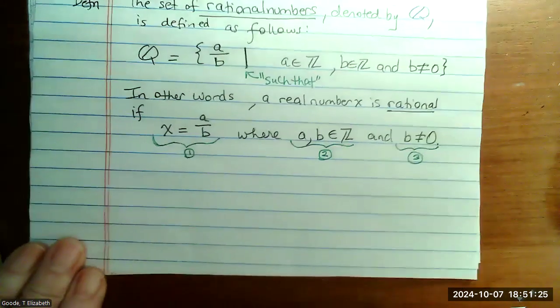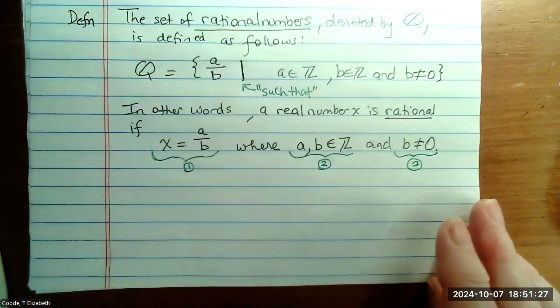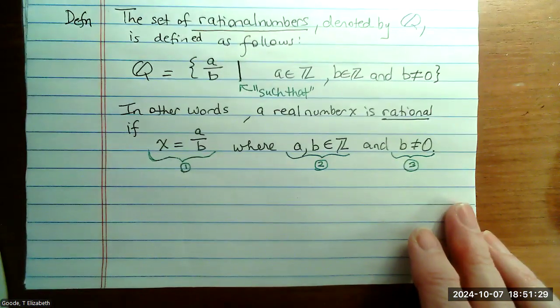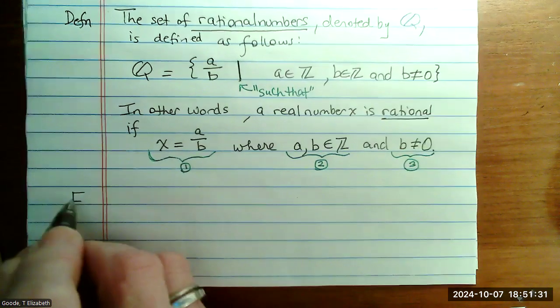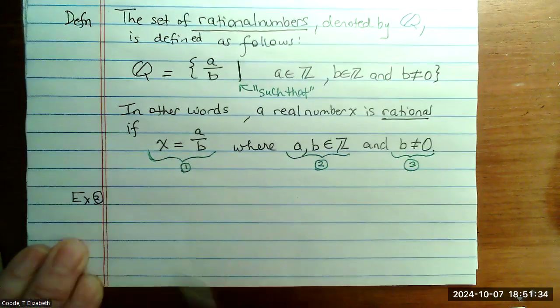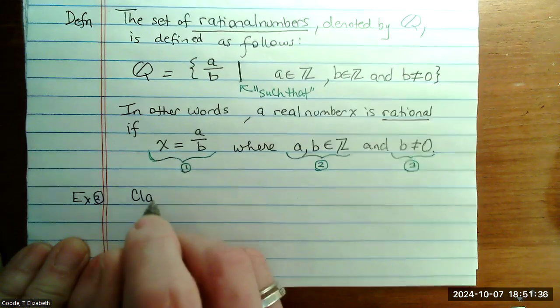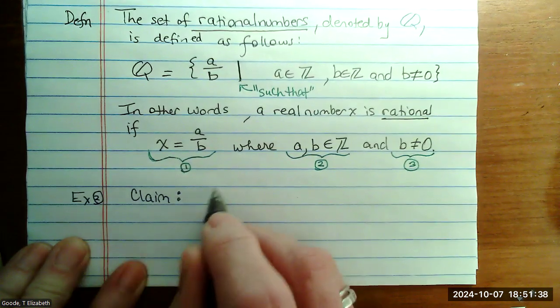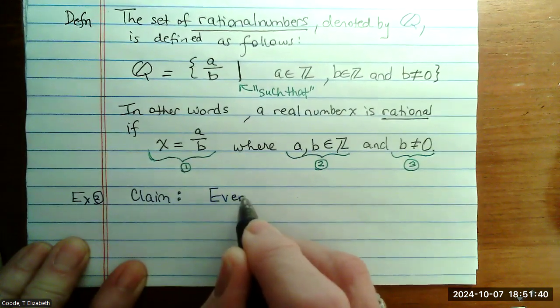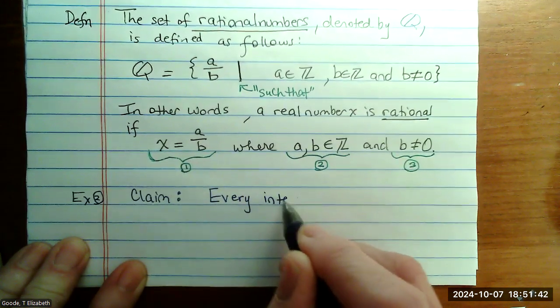All right, so now let's look at our example 3. Oh, example 2, my bad. Here's a claim. Every integer is rational.